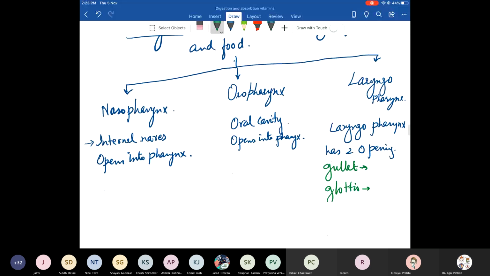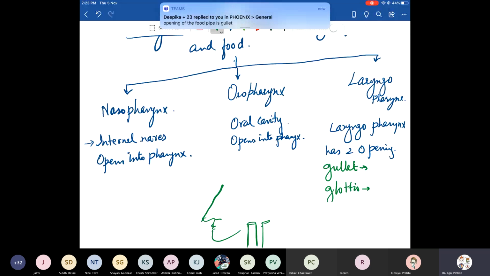See, if we draw a diagram, something like this. Here you have, listen to this, larynx. Trachea.